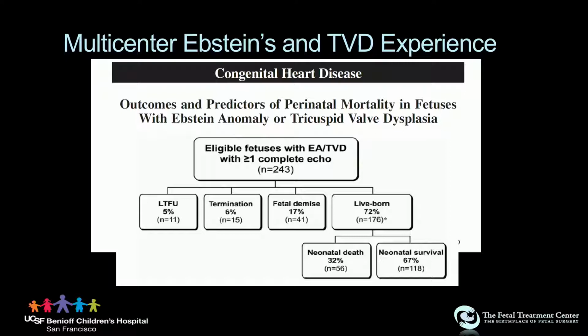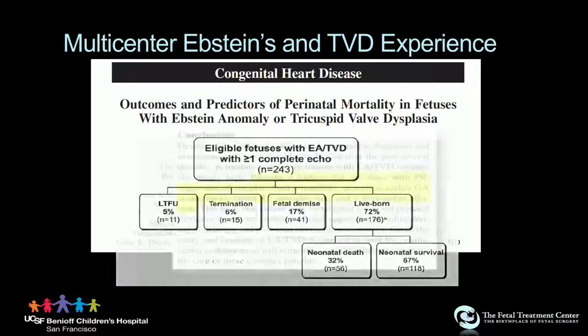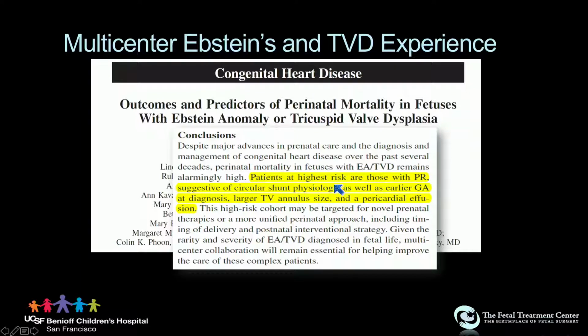We had 243 fetuses in this series, and essentially found the same thing that they found from the first paper that I showed you 2 decades ago, that the patients at the highest risk for neonatal or fetal mortality were those with pulmonary regurgitation, as well as larger tricuspid annulus size, pericardial effusion, and earlier gestational age at diagnosis were also predictive.